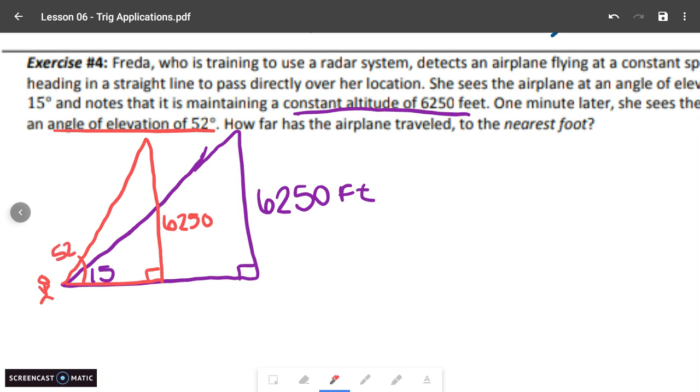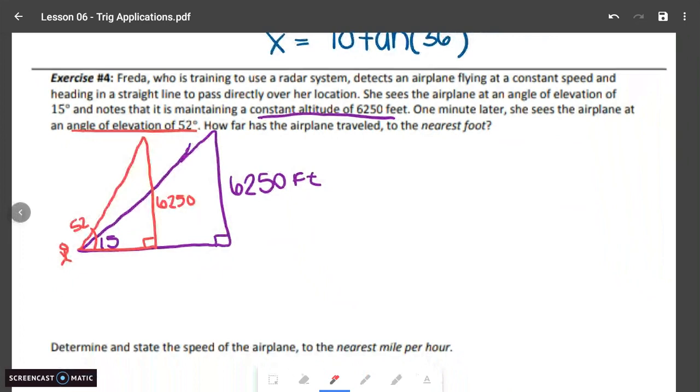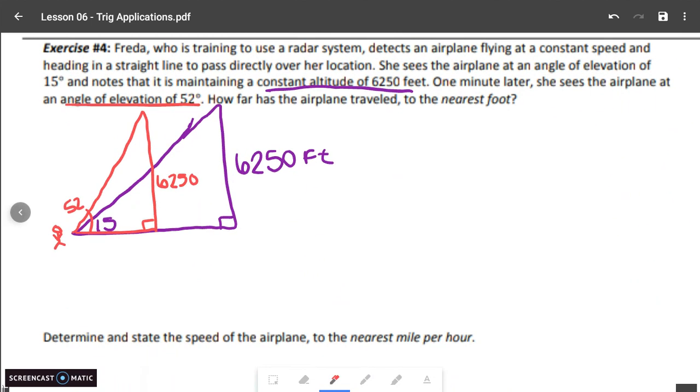Now, it's kind of hard to work with that picture itself, so I would definitely draw the two pictures not overlapping so you can have it set up. I'm actually going to do it over on the side here.